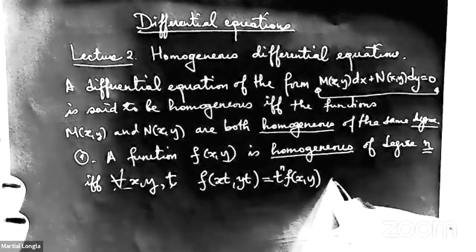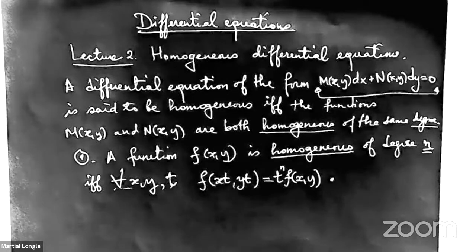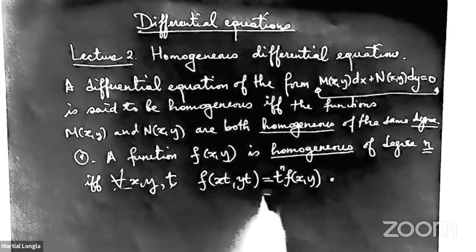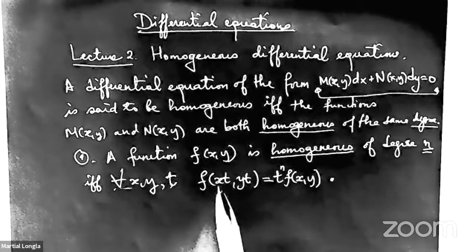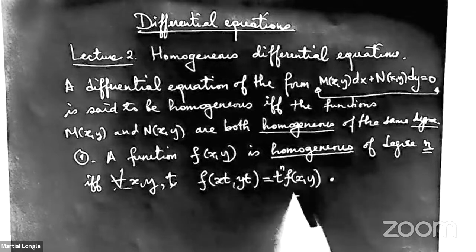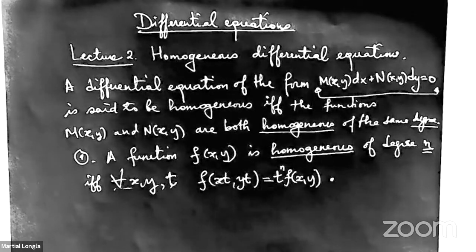So that's what it means that the function is homogeneous of degree n. If I replace in the function x and y by x times t and y times t, the value of the function gets rescaled by t to the power n. Then we say that the function is homogeneous of degree n.